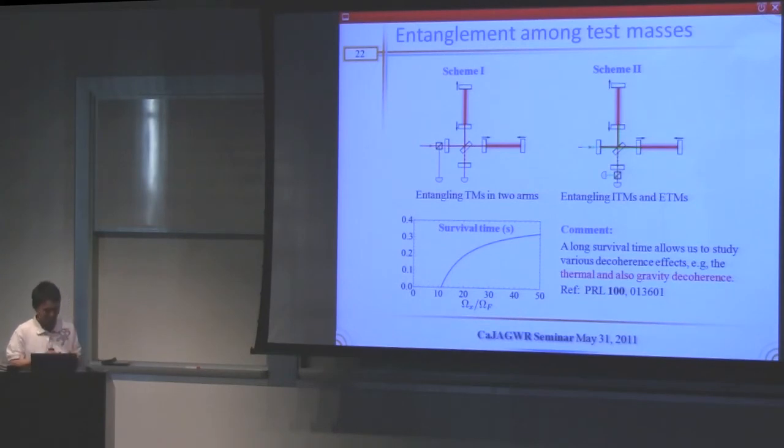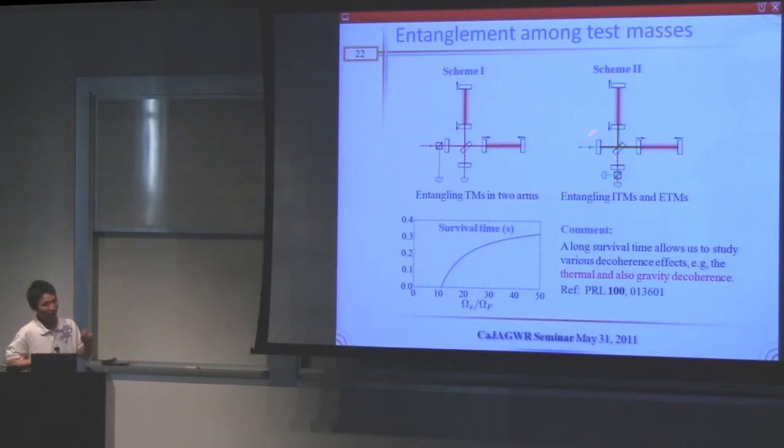But anyway, this is an old slide. Basically, you also can entangle the test masses in the two arms, if you just perform different measurements of the common and differential modes. But this is kind of crazy because the laser noise is very high. This is completely impossible.